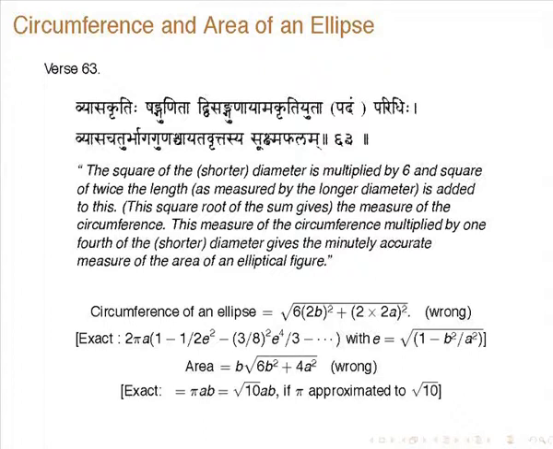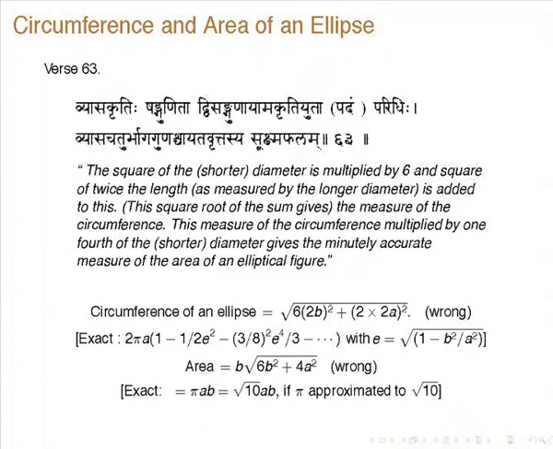So, what he is saying is, our notation is that 2b is the shorter diameter and 2a is the longer diameter. In that case his result is that the circumference is this, and the area is b into square root of 6b squared plus 4a squared.